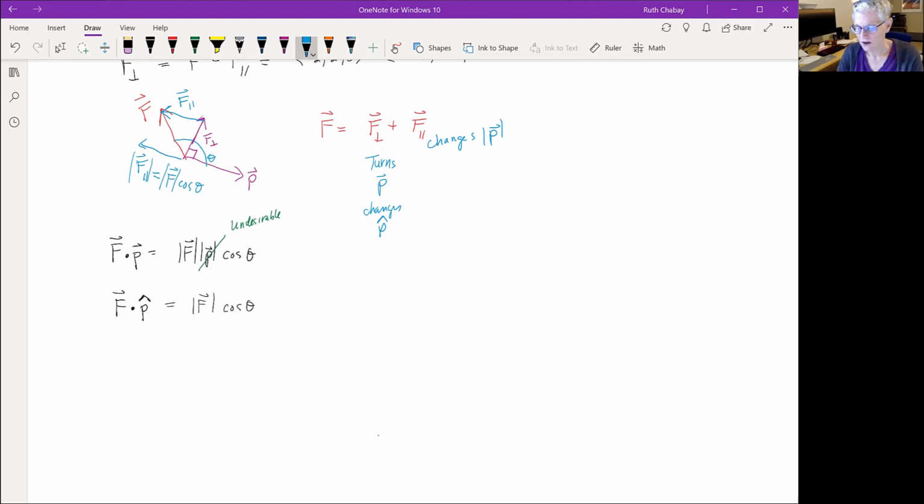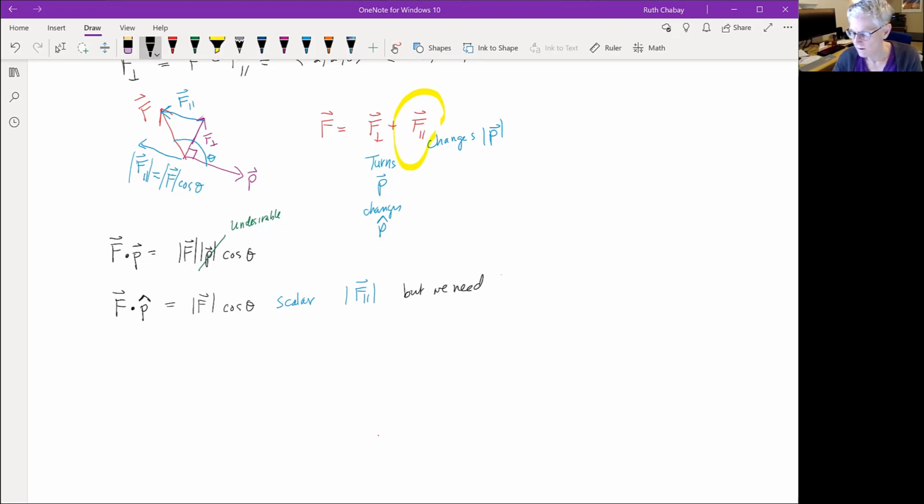But now we've got a scalar. It's the magnitude of F parallel. And a scalar doesn't do us any good. If we want to find F perpendicular, then we need this F parallel as a vector, right?